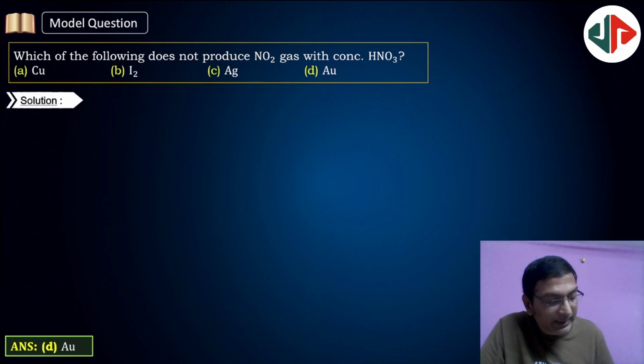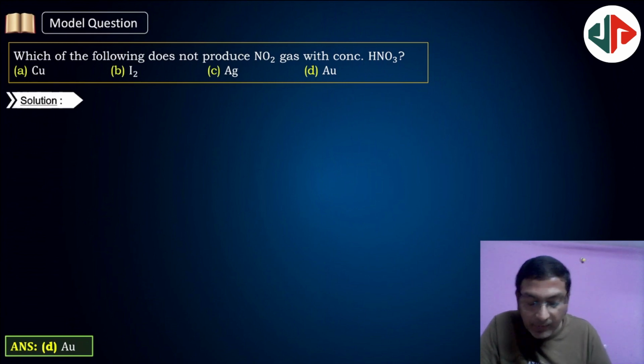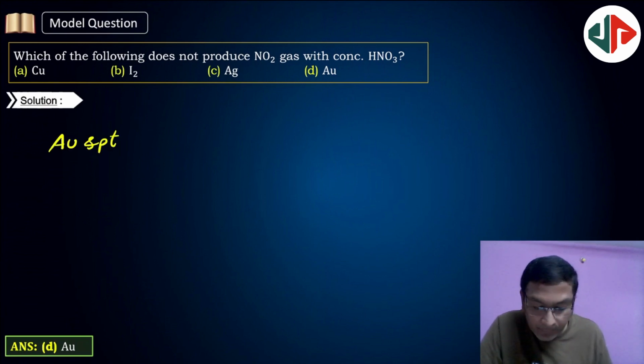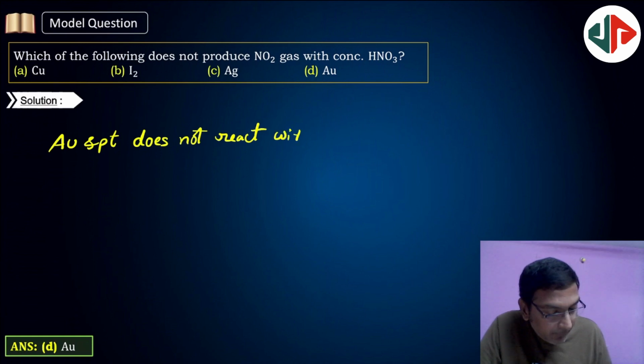So which of the following does not produce NO2 gas with concentrated HNO3? So this is also important. Gold and platinum do not react with concentrated HNO3.